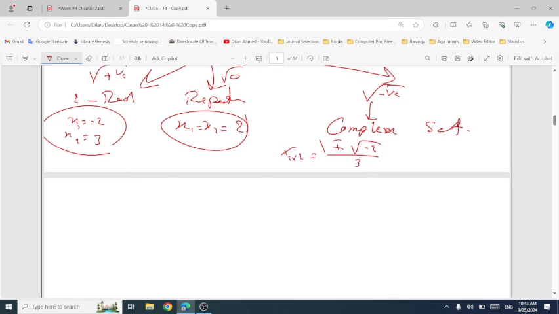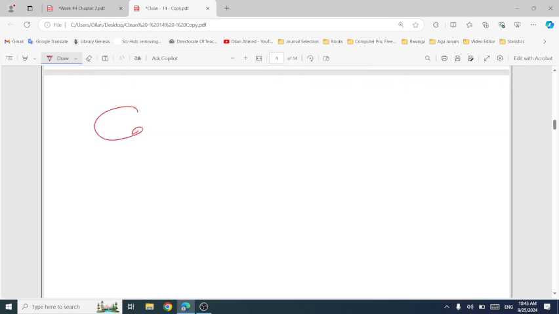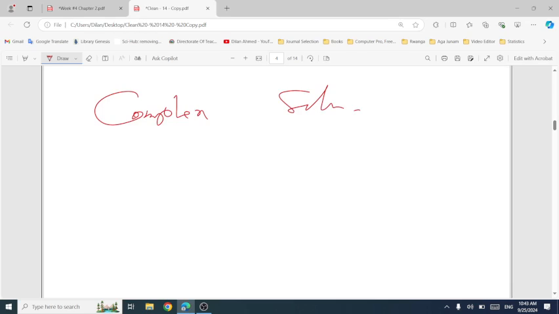So in that case, if you get a complex solution, you'll make it like that. You say minus 1 under the square root, we will make it an imaginary part. We call it an imaginary part.